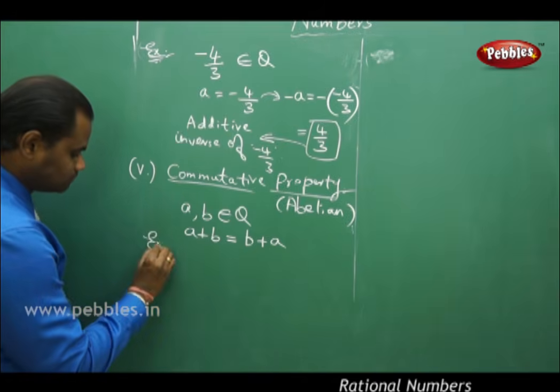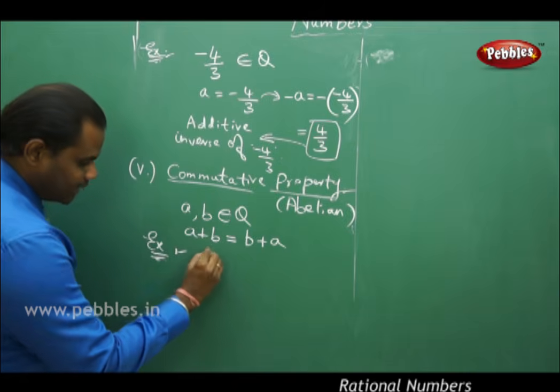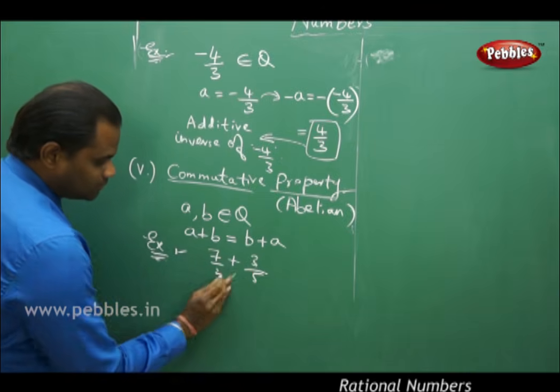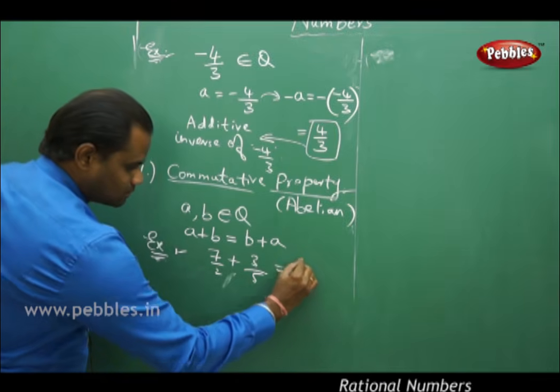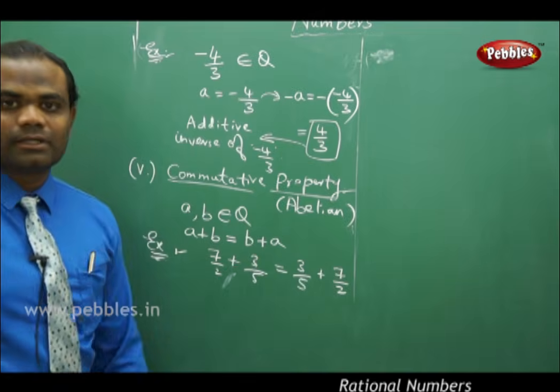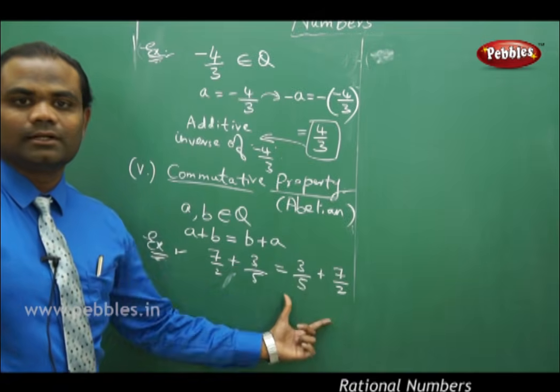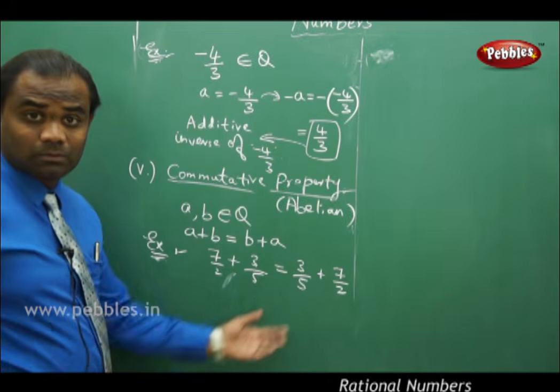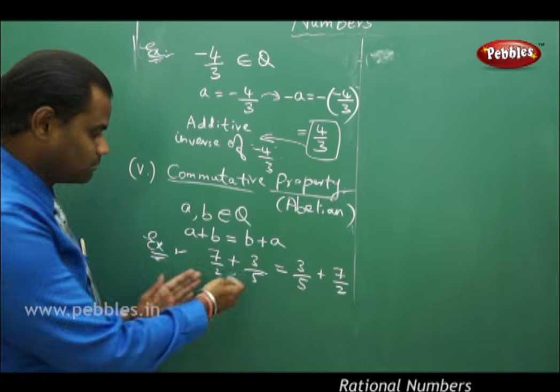For example, if I add 7 by 2 with 3 by 5, it is nothing but adding 3 by 5 with 7 by 2. That doesn't affect the addition under the commutative property. So let's see if that's really true by verifying with two different values.